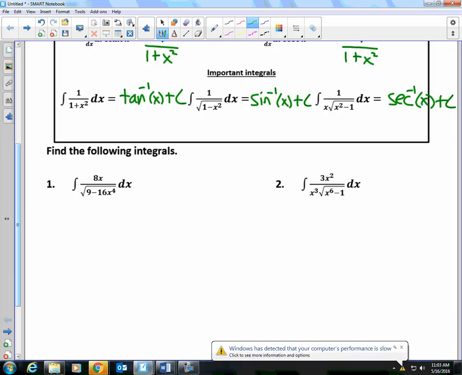So what I want to do is come up with 1 over the square root of 1 minus u squared. Oh, I'm sorry. I just told exactly what I wasn't supposed to do.